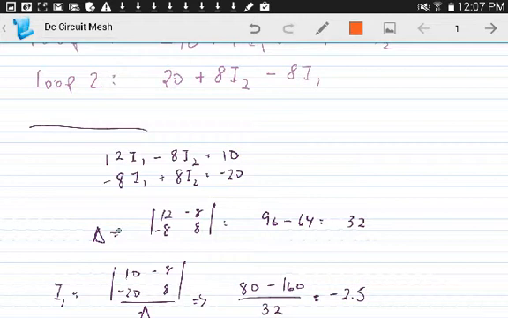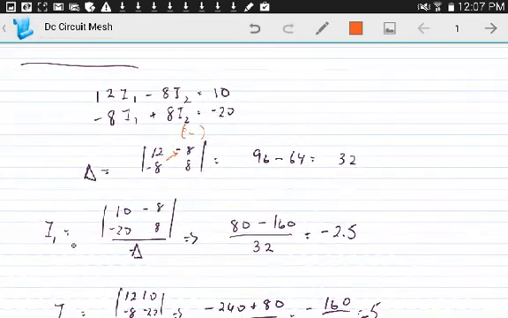That's the determinant of the denominator. 12 times 8 is 96, minus -8 times -8. Remember, when multiplying in that direction, you apply the negative up here. So that equals 32.